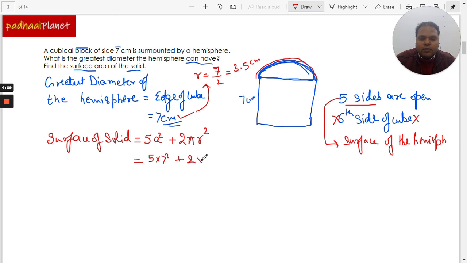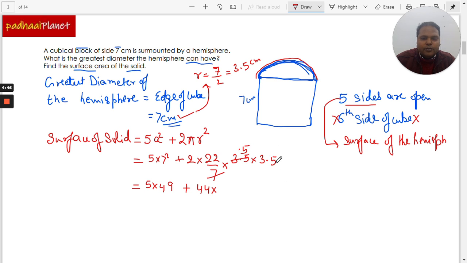Now let's put these values in the question and we will get the answer, right? So let's simplify also. R square, that is 3.5 multiplied by 3.5. So 7 cancels with this, and 2 pi is like 44 over 7, times 0.5 times 3.5.